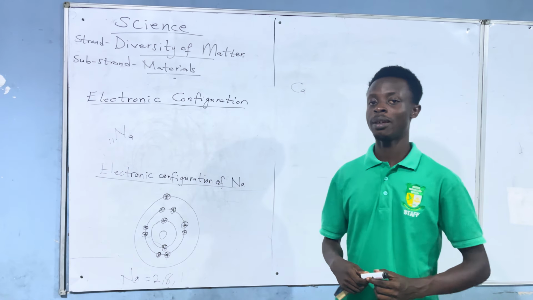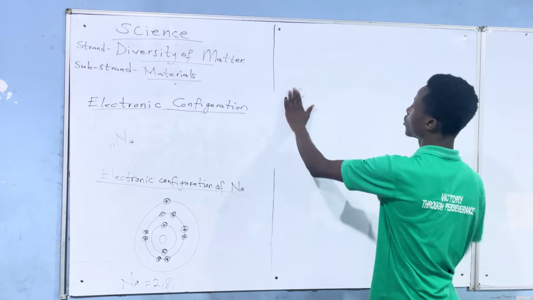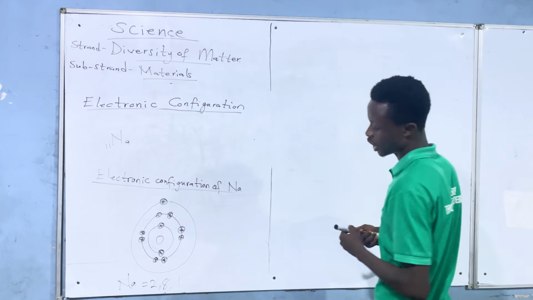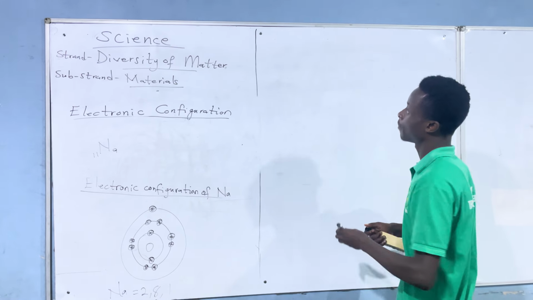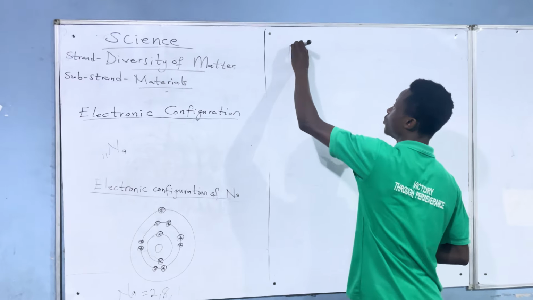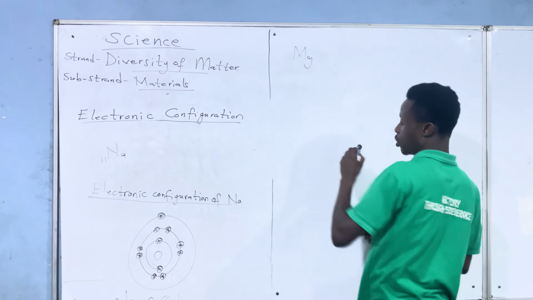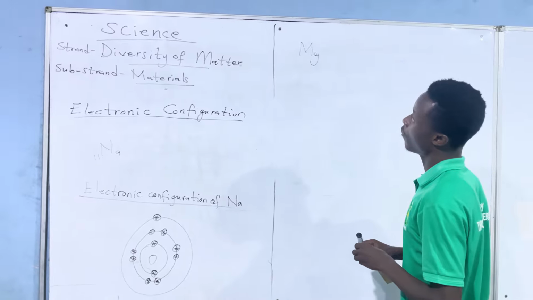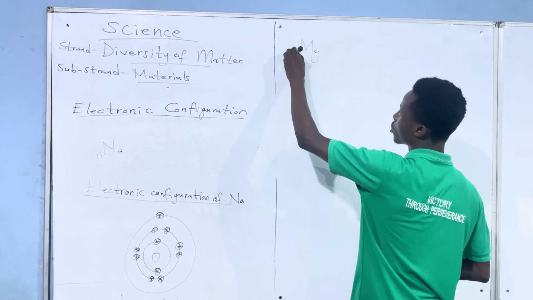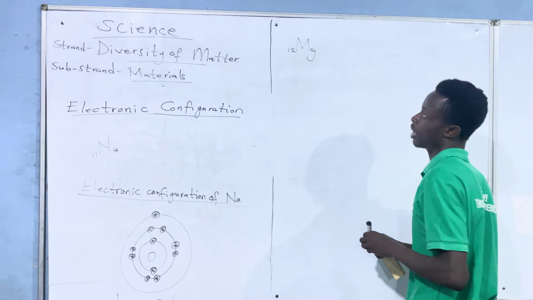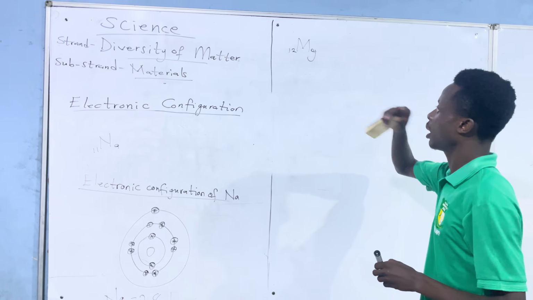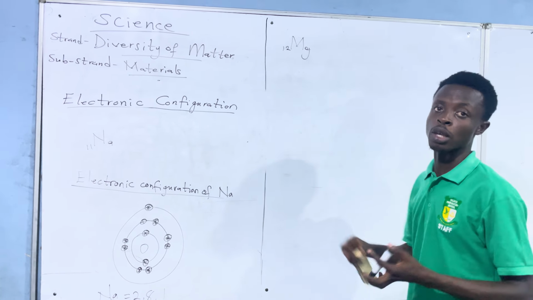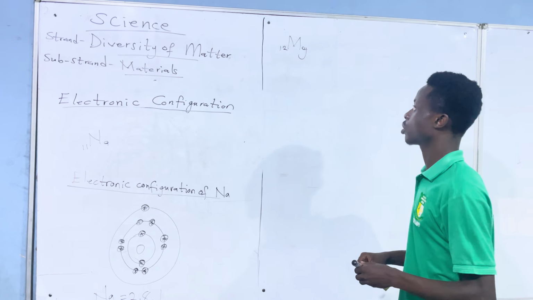Let's pick another element. So let's pick magnesium. Magnesium is the 12th element on the periodic table, so its atomic number is 12, and the atomic number is equal to the number of electrons.